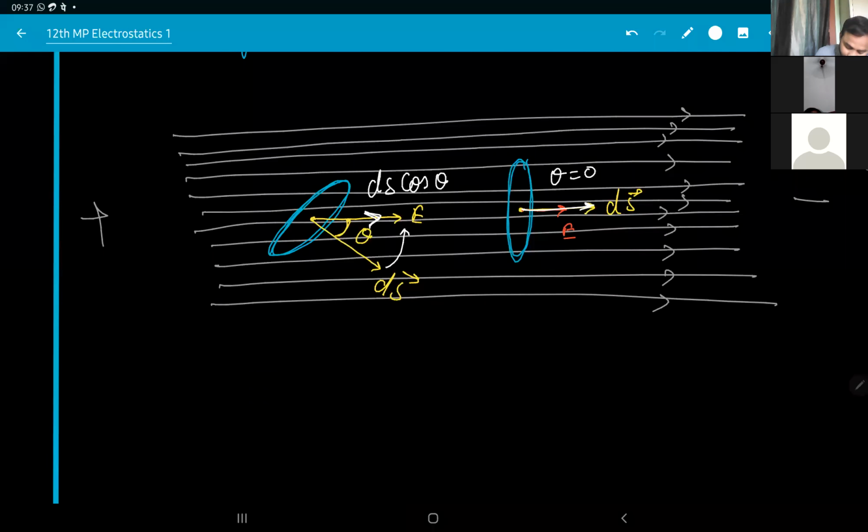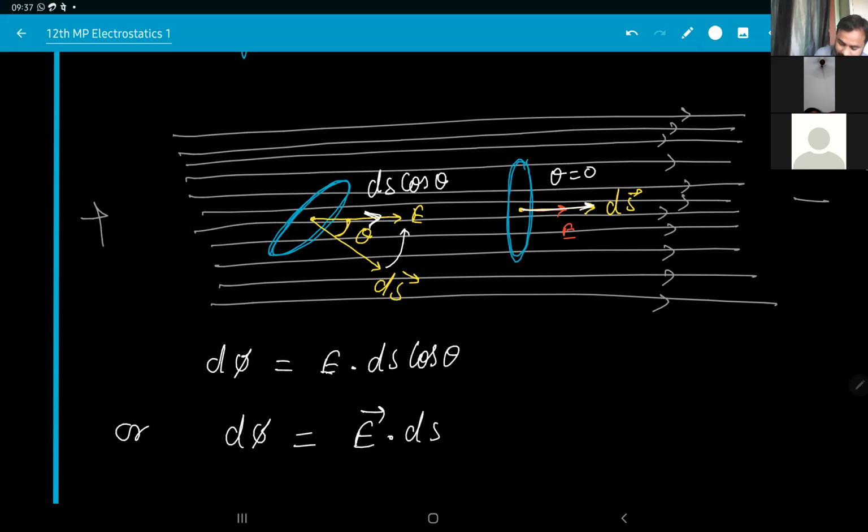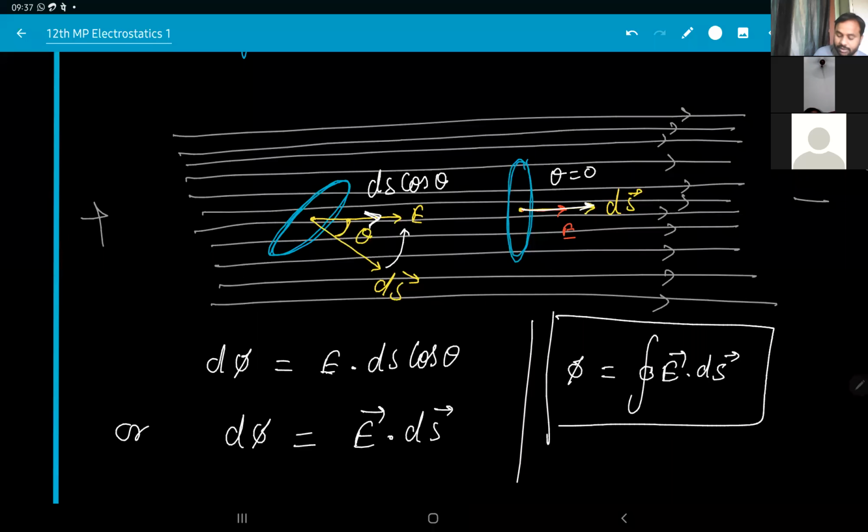So the electric flux d phi will be equal to E into ds cos theta, or we can write d phi is equal to E dot ds. If we want to calculate the complete flux, then phi will be equal to integration E dot ds, and it will be a surface integration. This is the formula.